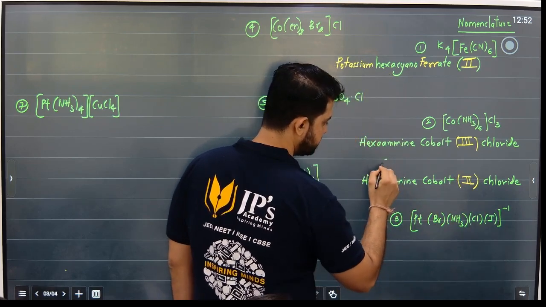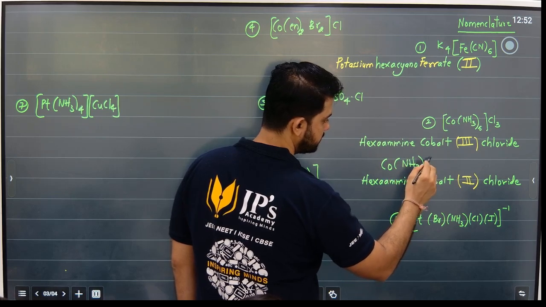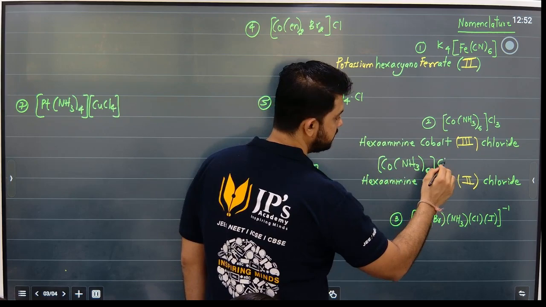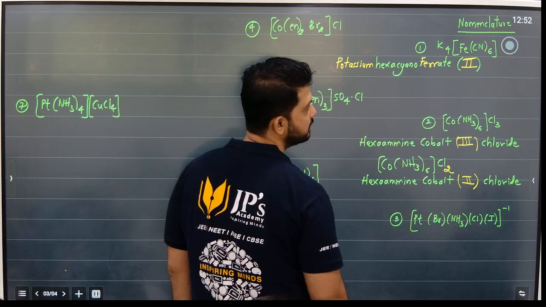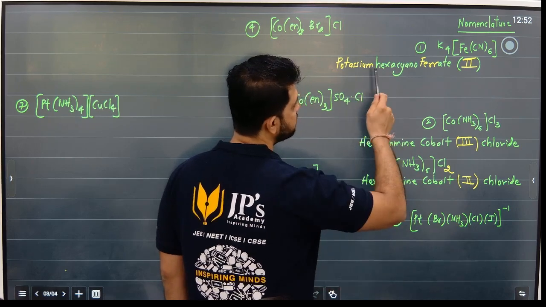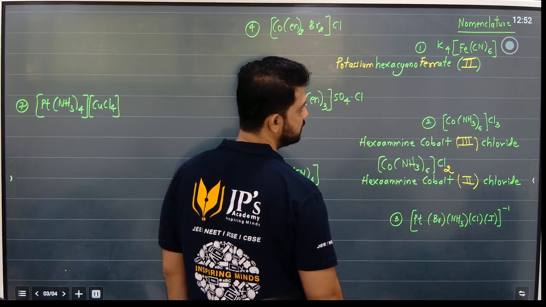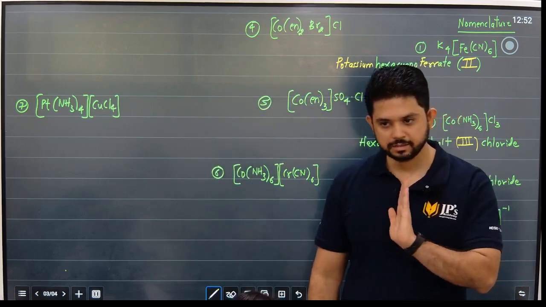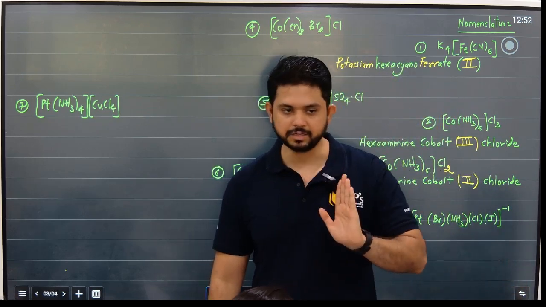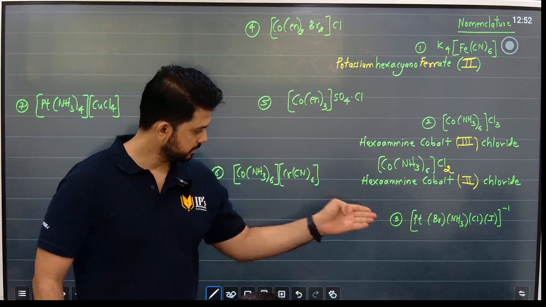This will become Co(NH3)6 but Cl2. Are you people getting that? Or here, if we write potassium hexacyanoferrate(III), K3[Fe(CN)6]. Are you getting that? The ionizable part manages itself by the oxidation number. Next, the third one.